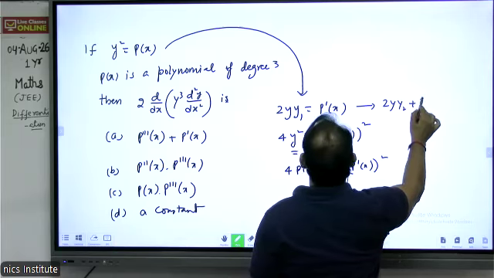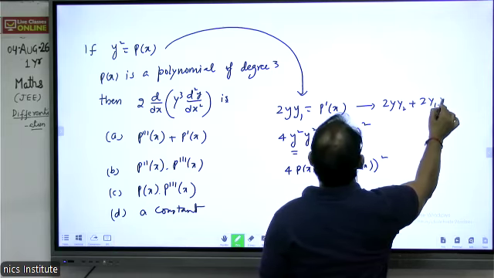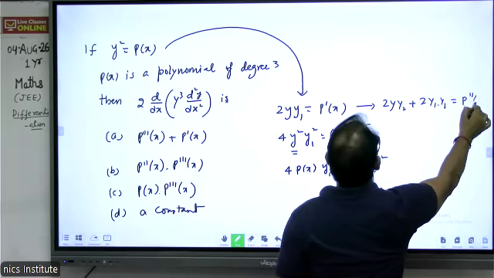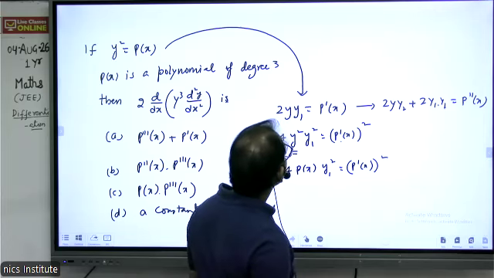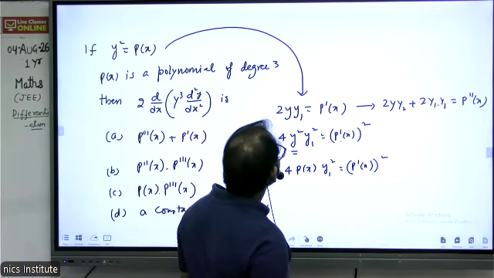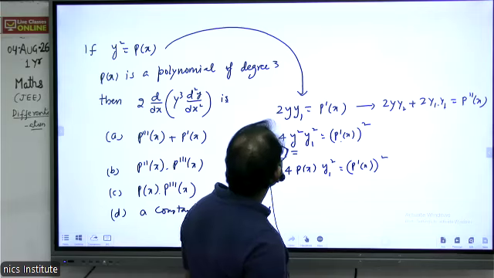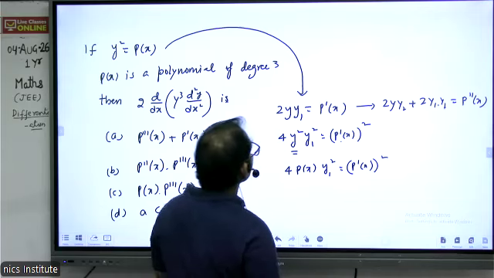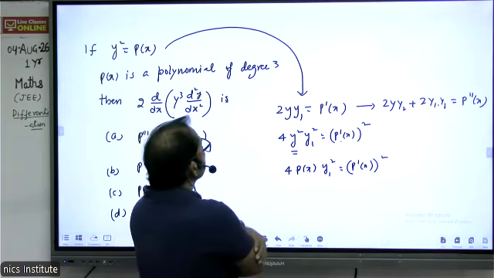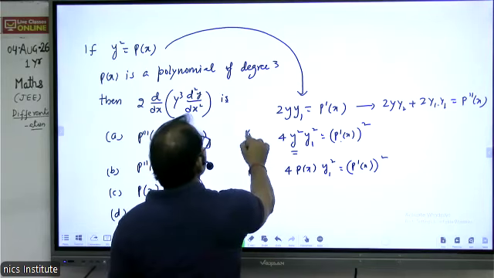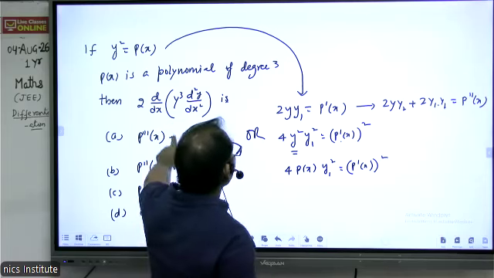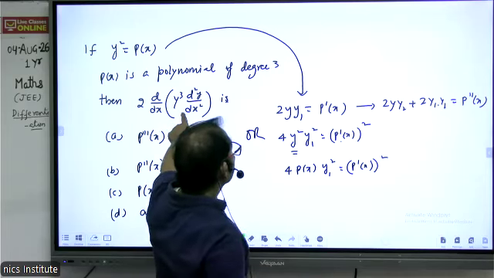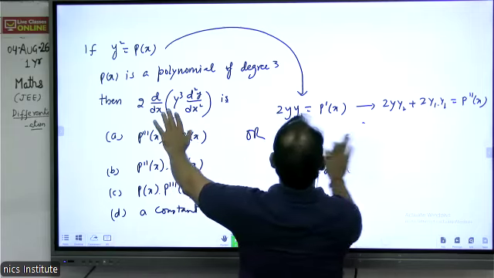2y2 plus 2y1 p double dash x. If I don't do this, I differentiate directly. Or this. But you want y2 with y cube ना? इसको भूल जाओ, इसको नहीं करते हैं.